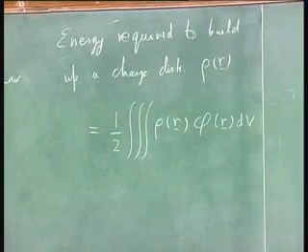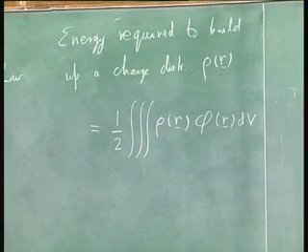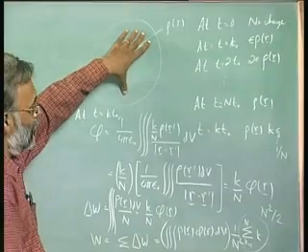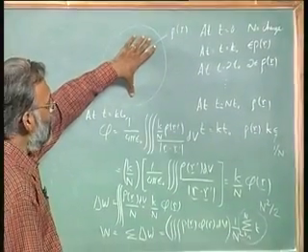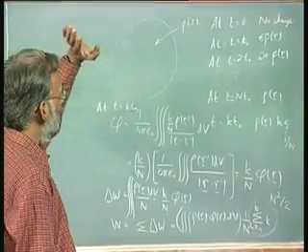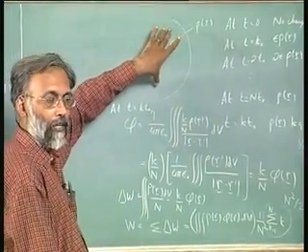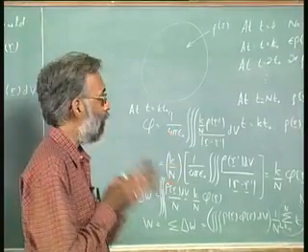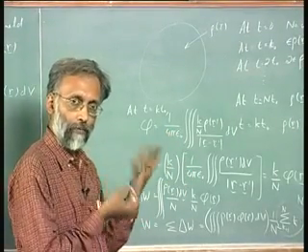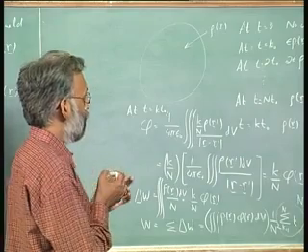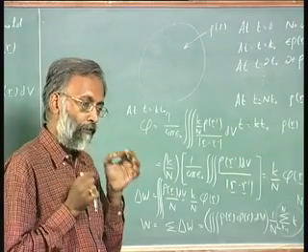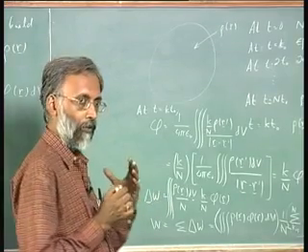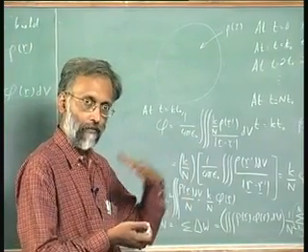Let me just sort of review, because I think it probably went too fast. I have a charge distribution here, okay? It can be anything. In order to calculate how much work I did, I bring in this charge distribution little by little, 1% at a time, 0.1% at a time. So, when I am bringing say the 50th percent of this charge distribution, I am going from 49% to 50%.